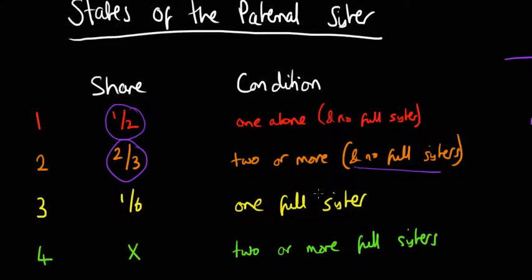So how that plays out is that when there's one full sister, then the paternal sister completes the 2/3 rule, and she therefore gets a sixth. The full sister will get half, and the paternal sister will get a sixth. If there's more than one paternal sister, then they share the sixth.